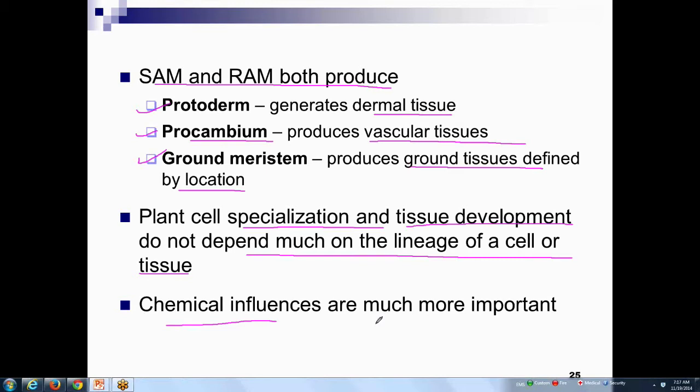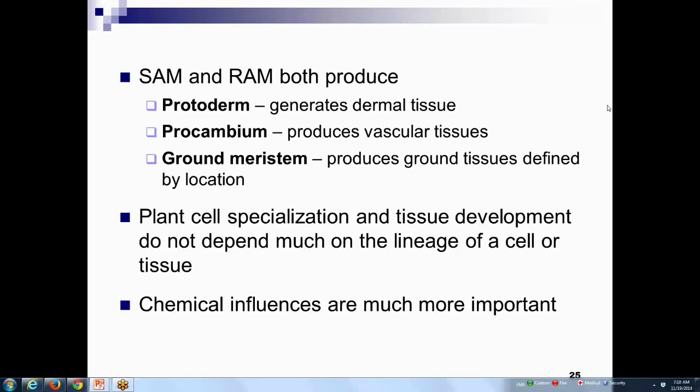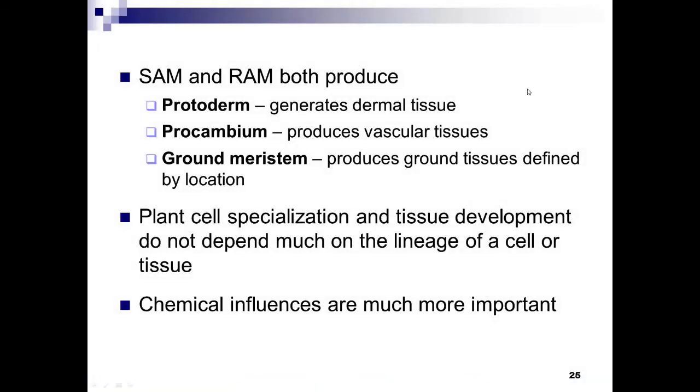That's basically how society operated. But now it has much more to do with your personal likes and your own experiences in life. And that's kind of how it is with these cells. It's not that my parent cell was a procambium cell, so I'm destined to become one. No, it's the chemical influences that have much more to do with what cells actually wind up becoming.